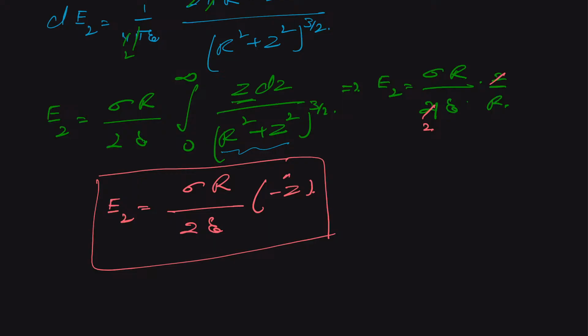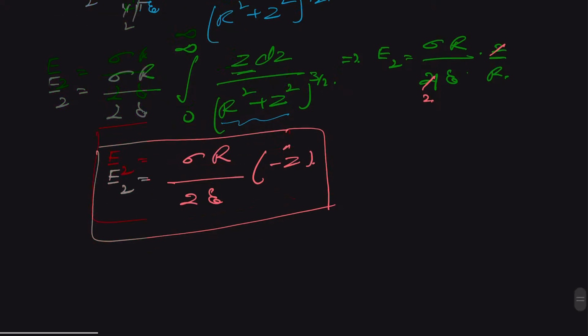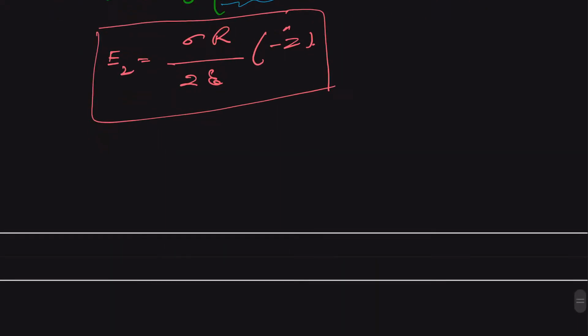We are going to use this relationship, or this formula, to find the field for a solid semi-infinite cylinder. That is our part B. Part B is a half-infinite or semi-infinite solid cylinder.